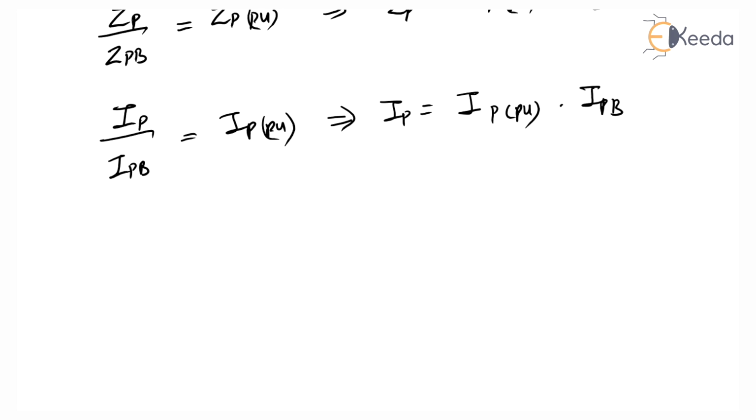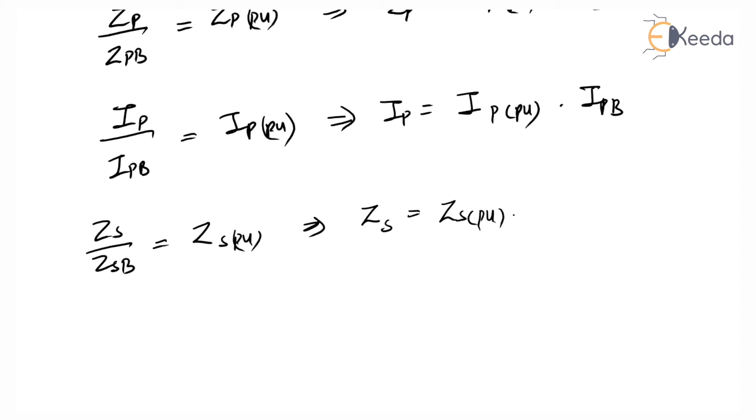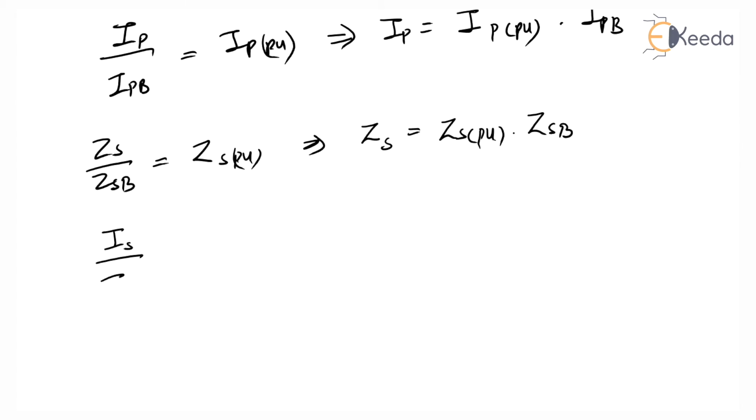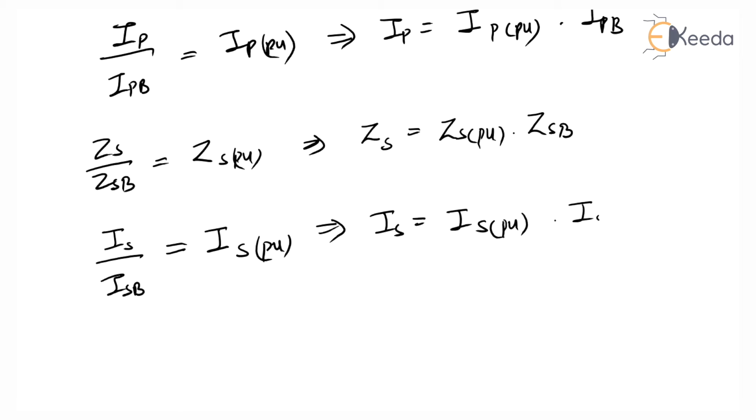Similarly Zs upon ZSB is equal to Zs per unit, or Zs is equal to Zs per unit into ZSB. Now for Is, we know per unit is equal to actual upon base quantity. So Is, the actual current, upon base current is equal to Is per unit. So we can write Is is equal to Is per unit into ISB.